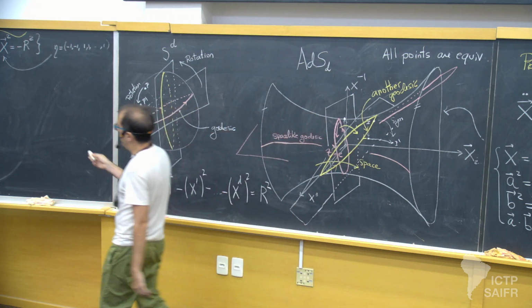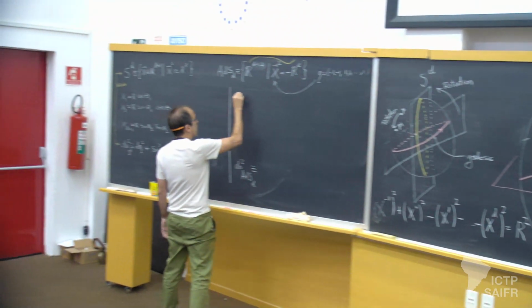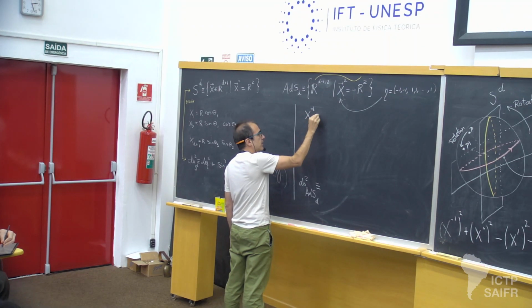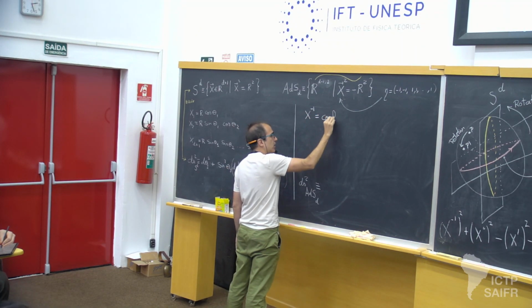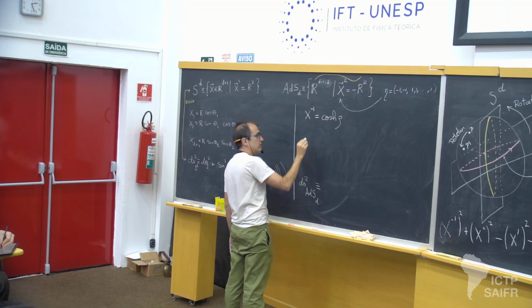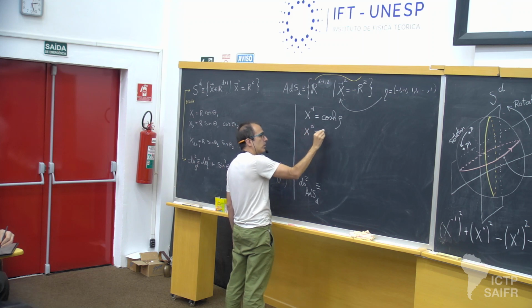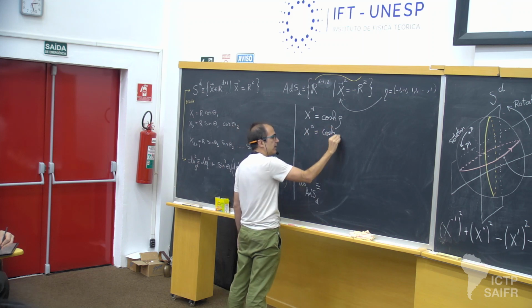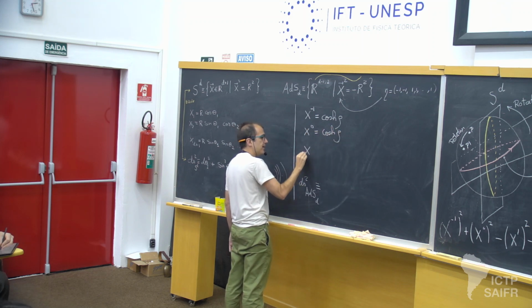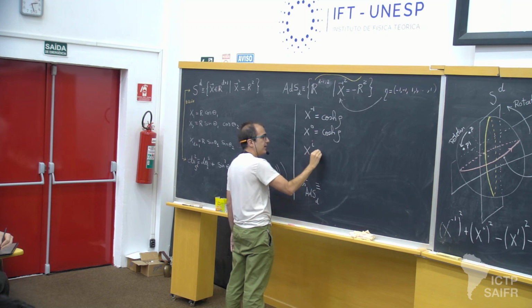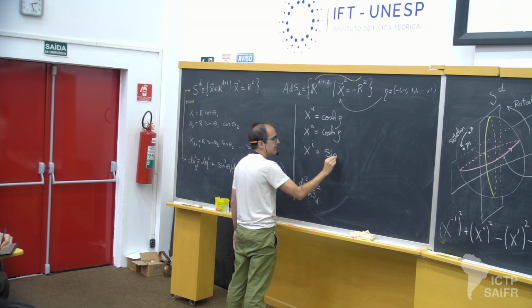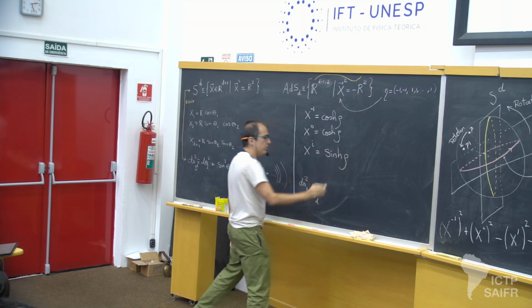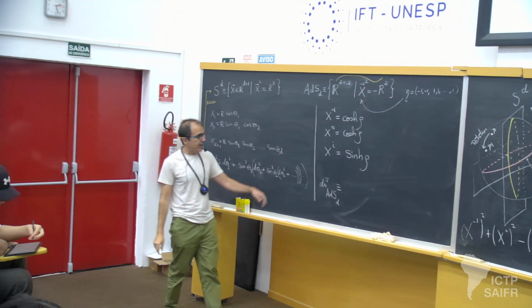So let's try that. Let's say x_{-1} will have some hyperbolic cosh of some variable. Let's call it rho. x_0 will have some hyperbolic cosh also of rho. And then the other x_i will have hyperbolic sinh of rho. And then let's try the following.